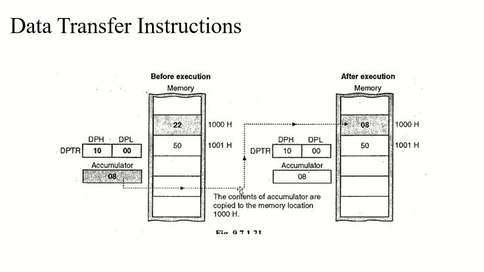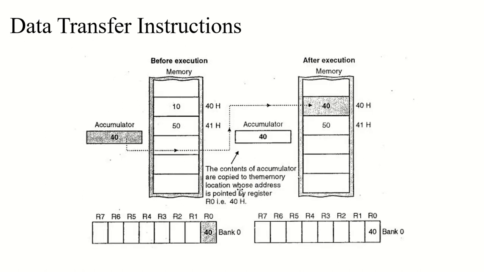Let's see the next one. MOVX @Ri, A is the next one. This instruction will copy the content of the accumulator to the external data memory location which is pointed to by Ri of the selected register bank.